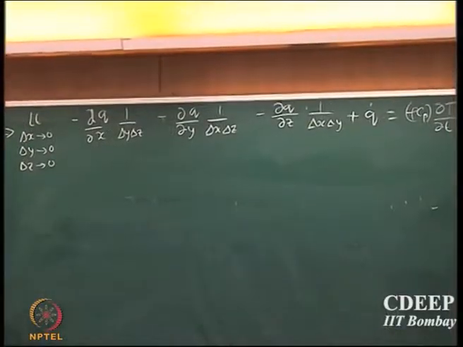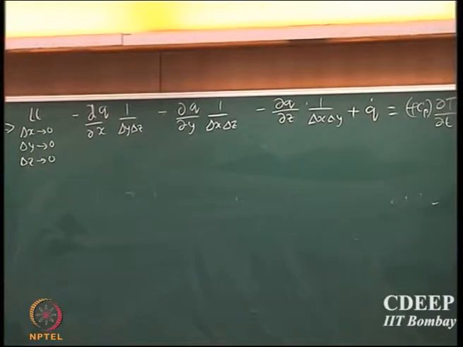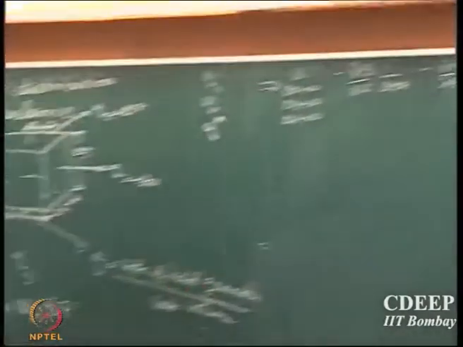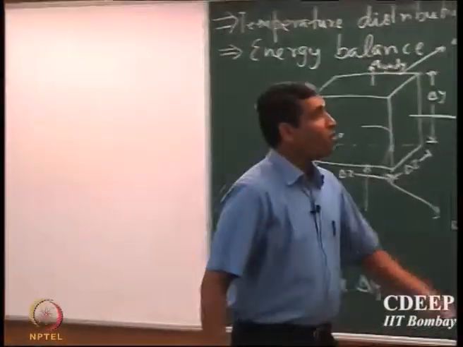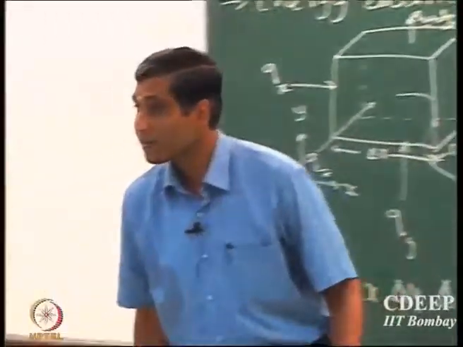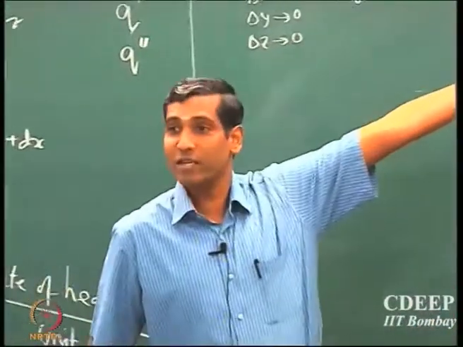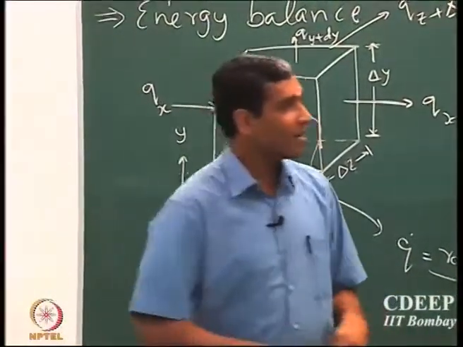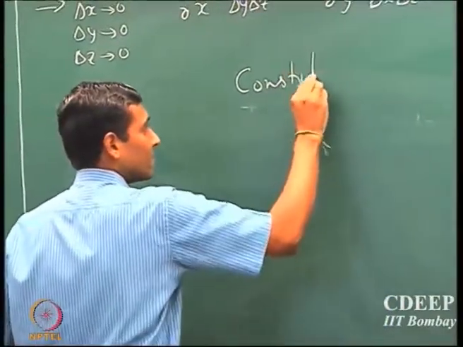So with this, can I get the temperature distribution? Yes or no? So if we know some constitutive relationship, because we don't know what Q is. If you have not heard this word, it's called a constitutive relationship.